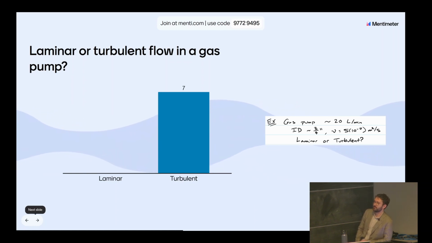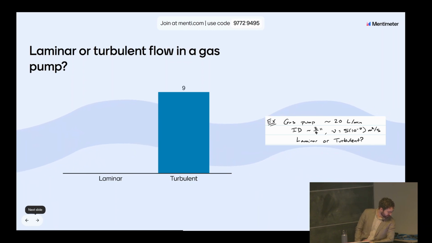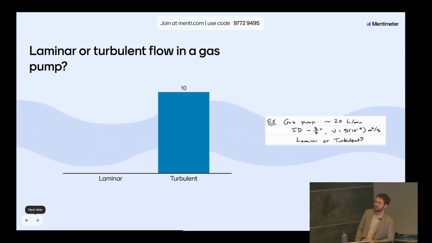Maybe I haven't given you enough time for all the unit conversions in this problem. I think I got a Reynolds number of about 44,000 for this. And the flow in the gas pump is not really a high-speed flow. It's not like a transmission flow for transmitting water between cities or natural gas. It's considered relatively low speed, and even that is well within the turbulent region. So this is where we see most real-world flows are going to be turbulent.